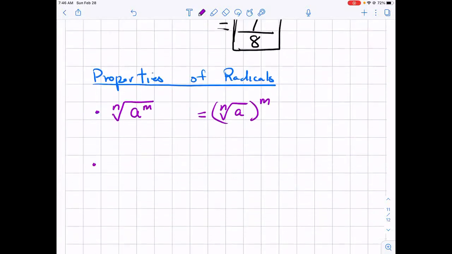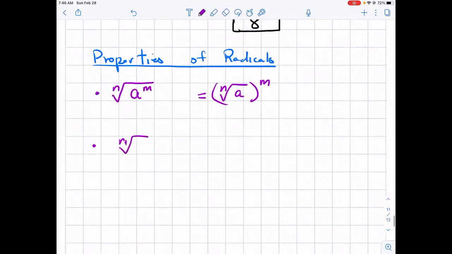Another property we can look at: if we have the nth root of a times the nth root of b, once the indexes are the same, this is the nth root of a b.